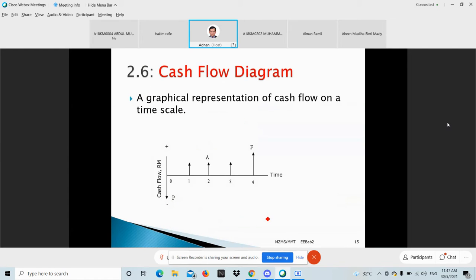Okay, this is what we call it cash flow diagram. So biasanya kita akan letak dalam cash flow diagram macam ni. Ini adalah graphical representation of cash flow ataupun aliran tunai. Okay, dalam time scale. You have masa di sini. Okay, dan anak panah ini menunjukkan bayaran. Contohnya tadi kita membuat pinjaman 2,000. P is 2,000.